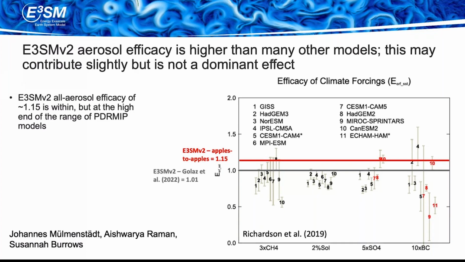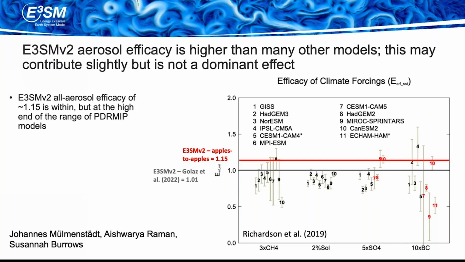And one way of measuring that would be if the climate in E3SM had an unusually strong aerosol efficacy, so an unusually strong response to aerosol relative to its response to greenhouse gases. And so we performed a more apples-to-apples calculation of that compared to what had been done before, and then benchmarked it against a recent model intercomparison study.